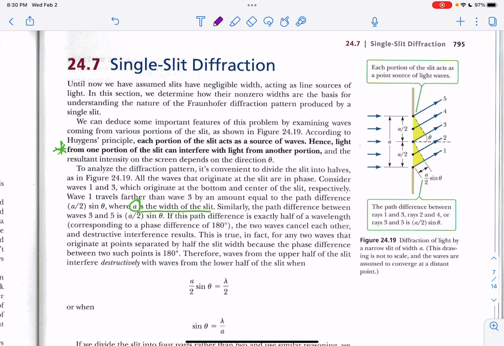And again, we're using Christian Huygens' principle that each portion of the slit acts as a source of waves. And imagine I took my compass out and I was making those concentric circles again at every single point.